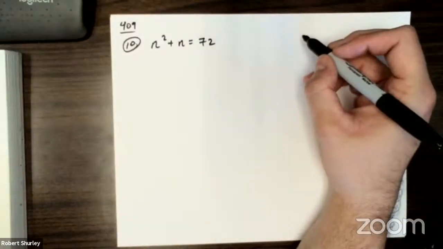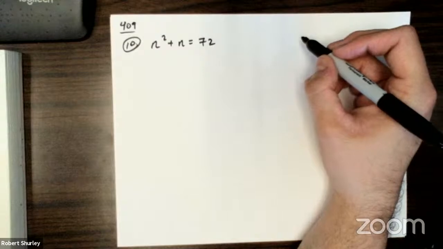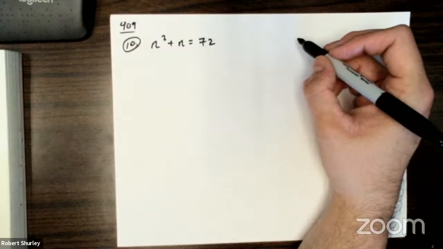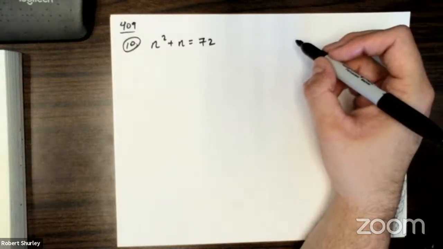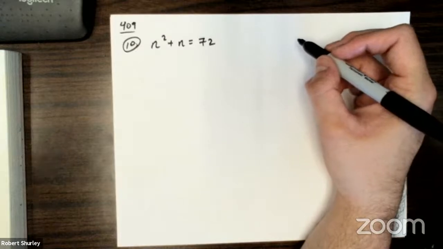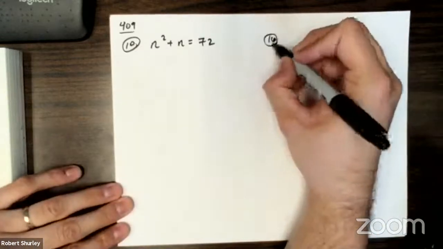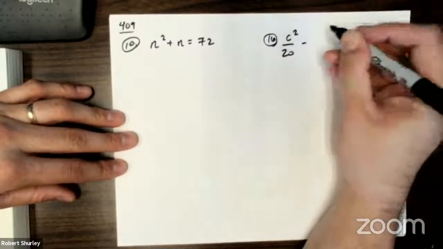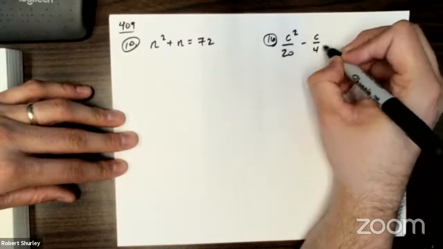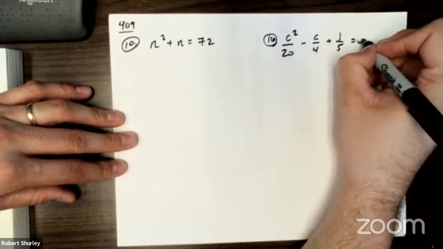And then they really do weird stuff with these. Can't just be normal. Let's do 16, but I'm going to give you a little trick here. c squared over 20 minus c over 4 plus 1/5 equals 0.